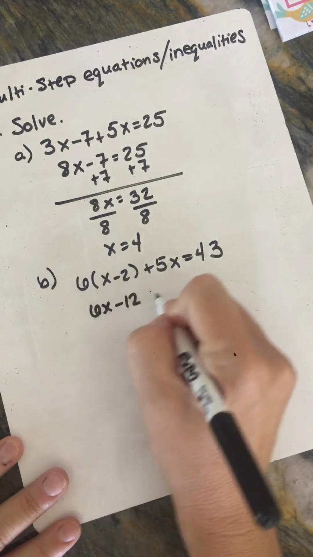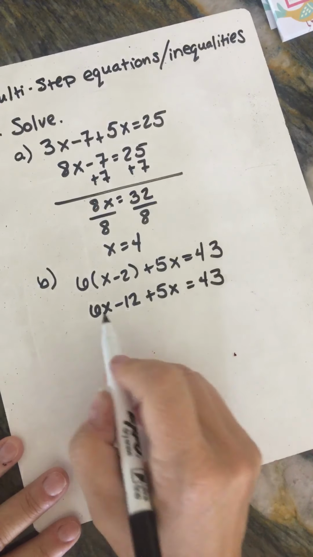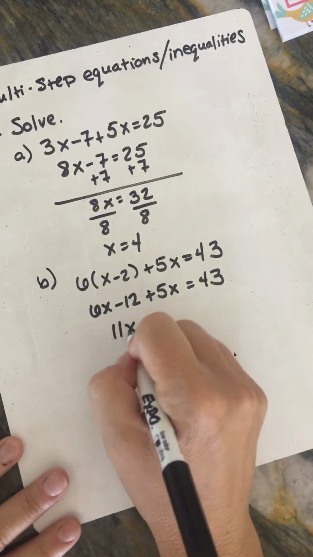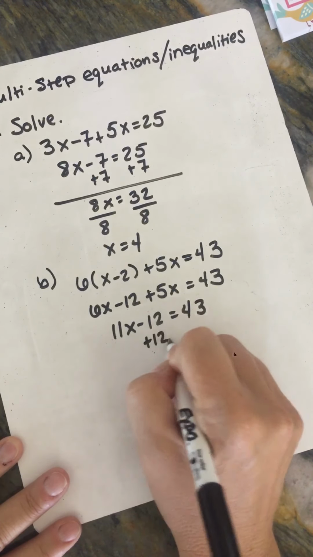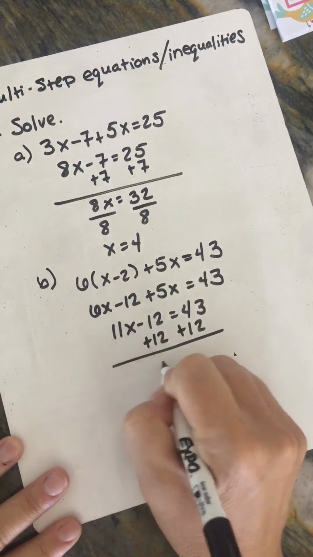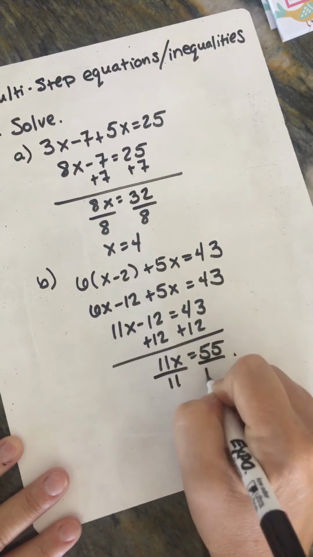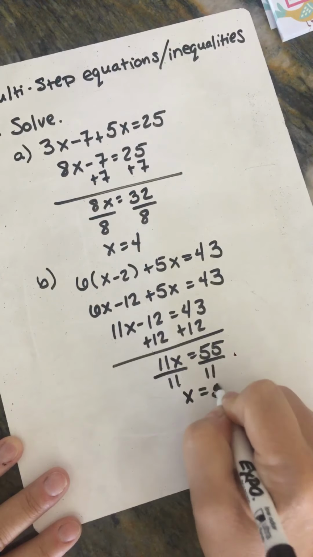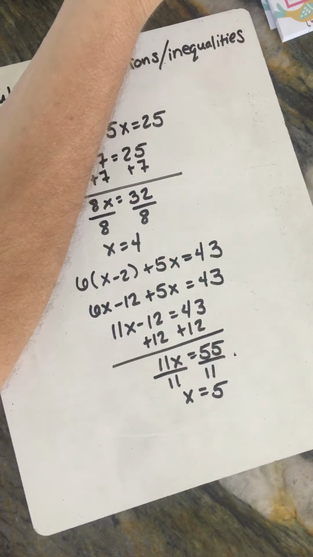So 6x minus 12 plus 5x equals 43. 6x and 5x is 11x, minus 12 is equal to 43. We'll add 12 to both sides. So 11x equals 55, divide by 11. So x equals 5. So easy peasy on those.